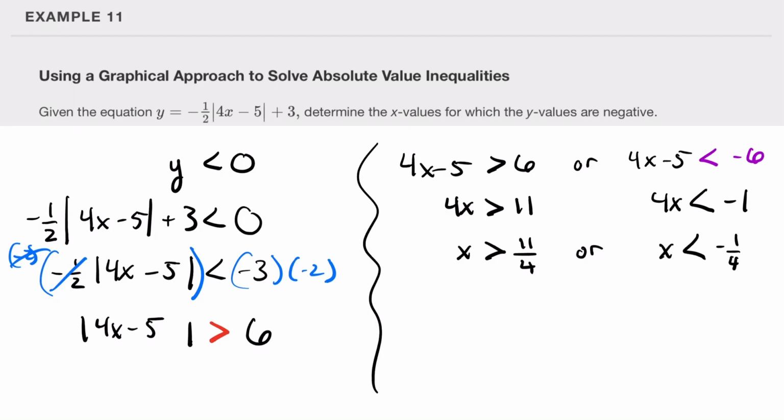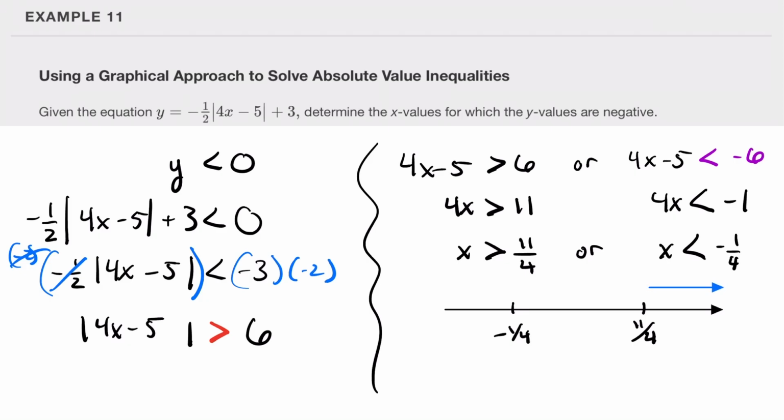Okay. So then if we were on a number line, here's our negative 1/4. I'm putting this in sequential order. Here's our 11 over 4. x is strictly larger than 11 over 4, so we're talking about the numbers in this direction.